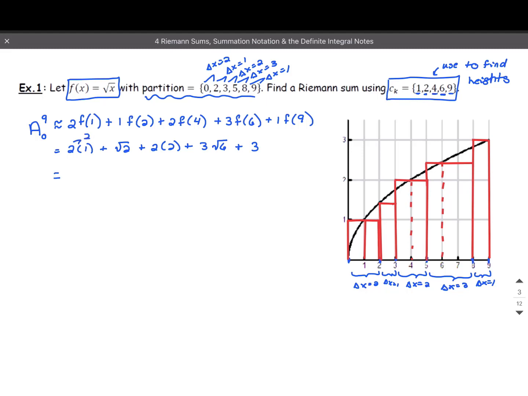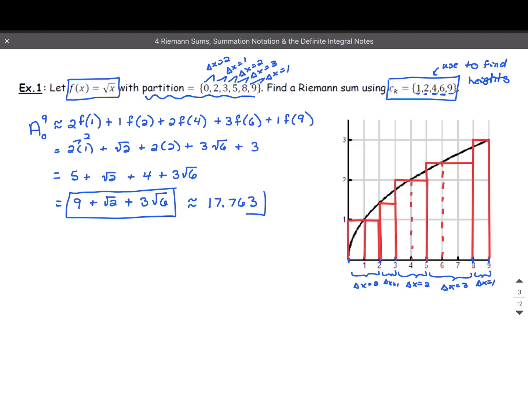So 2 plus 3 is 5, plus a rad 2 plus 2 times 2 is 4 plus 3 rad 6. We're actually looking at 9 plus radical 2 plus 3 rad 6. So this is the exact value. Now if we put this in our calculator, we will get approximately 17.763. And that's the area under the curve.